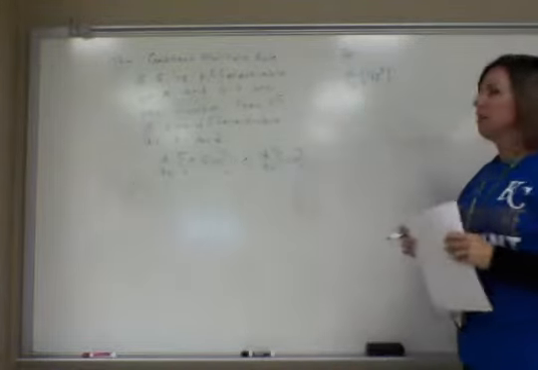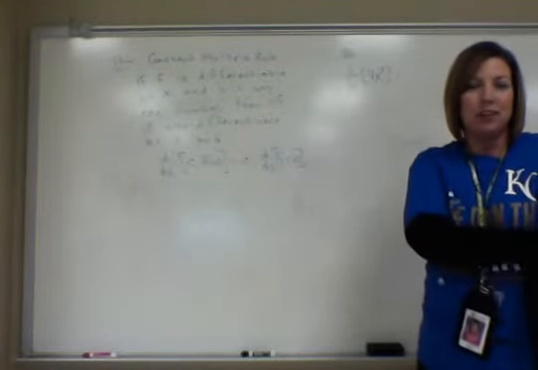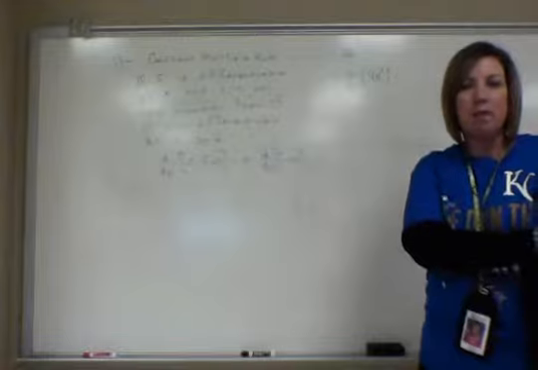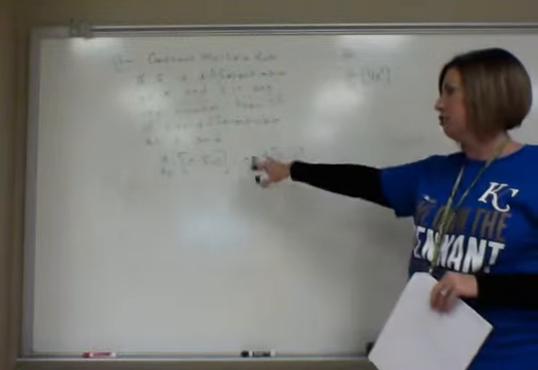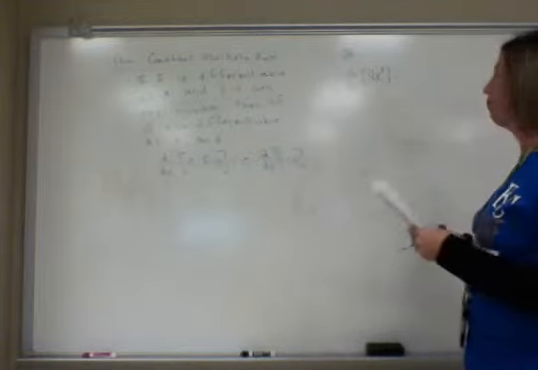Now, a lot of you are going to notice pretty quickly what the shortcut is here without having to write all of these steps out, but I'm just going to show them all again just so we make sure that we're using the constant multiple rule and the power rule every time.